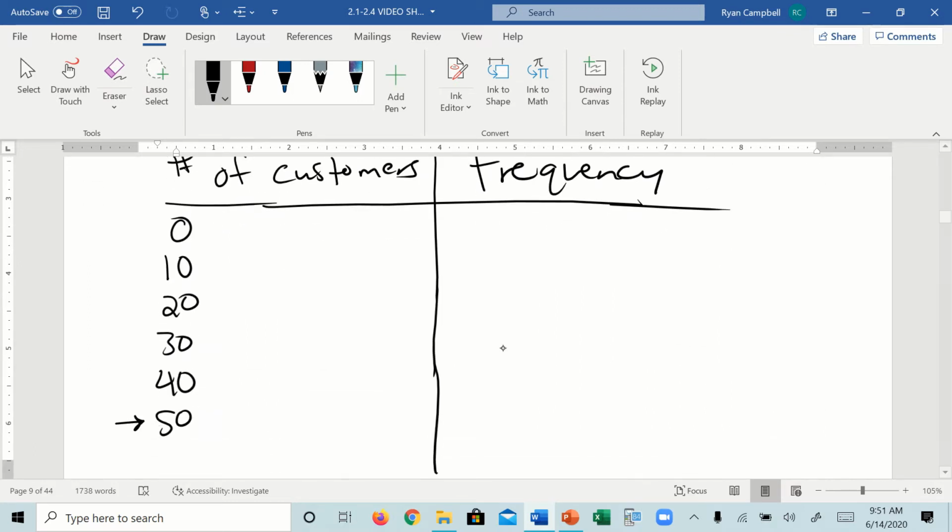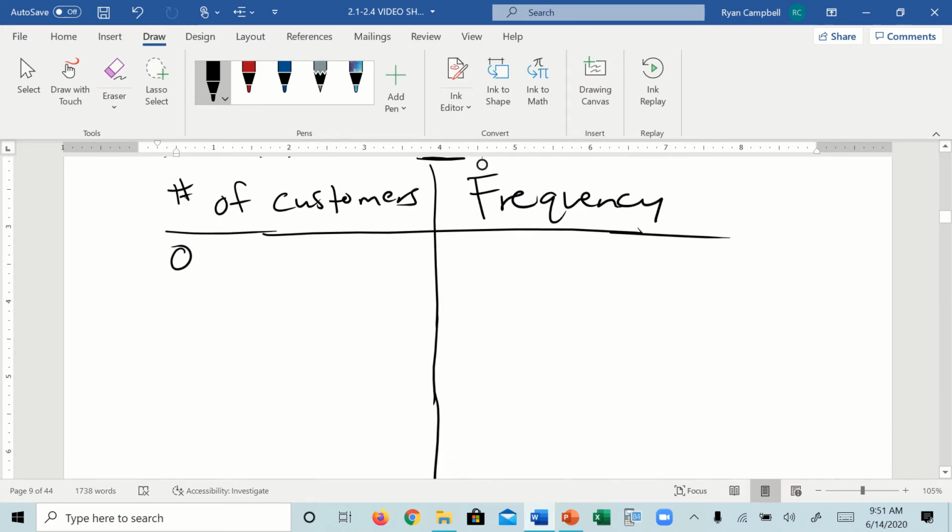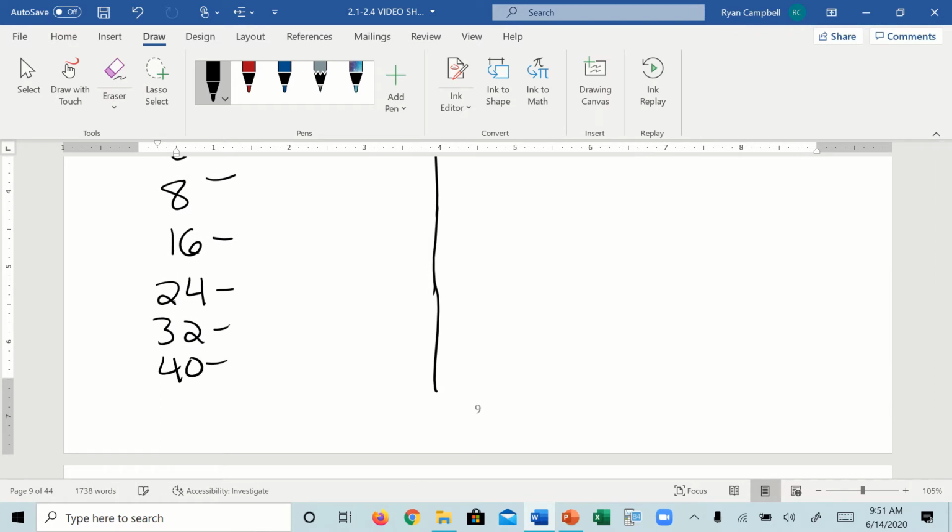So, again, we are only looking at the lower class limits. We are not looking at the upper class limits. Do not do both of these at the same time. So, the first one was 0. Let's go up 8. So, we have 8, 16, add 8 again, 24, add 8 again, 32, 40.